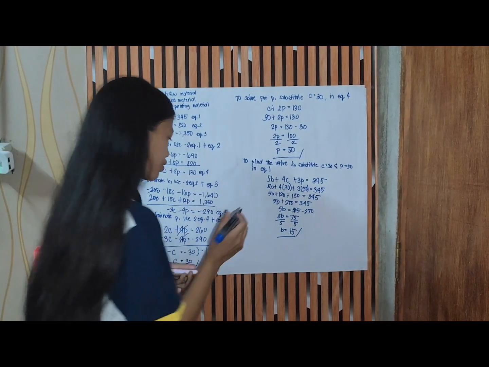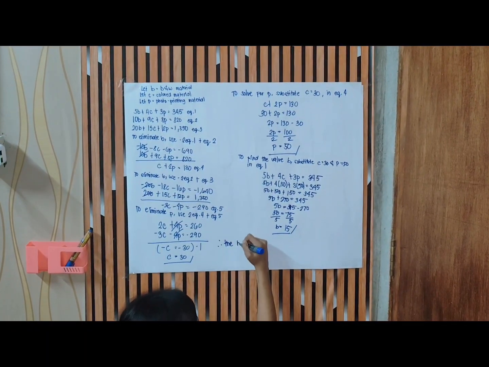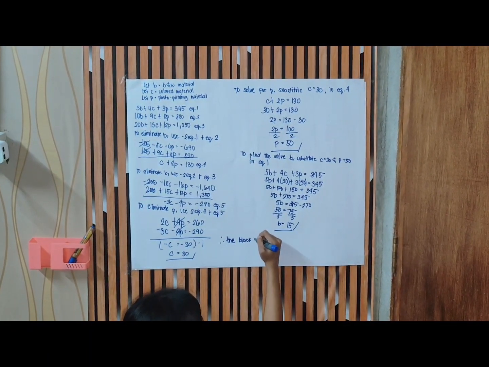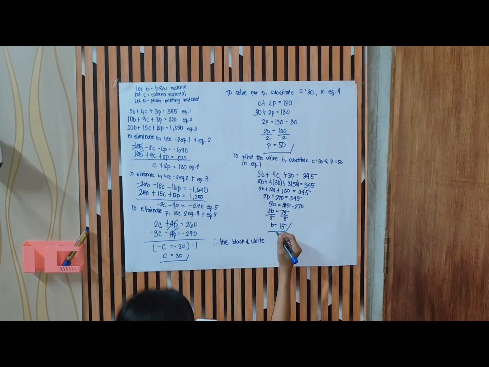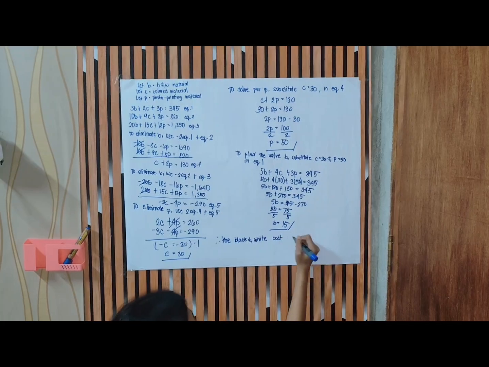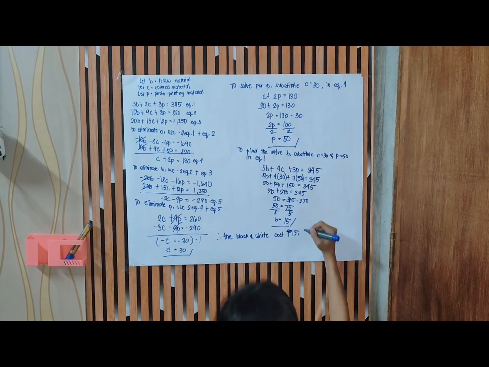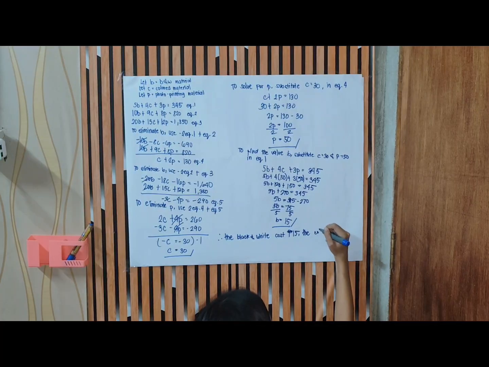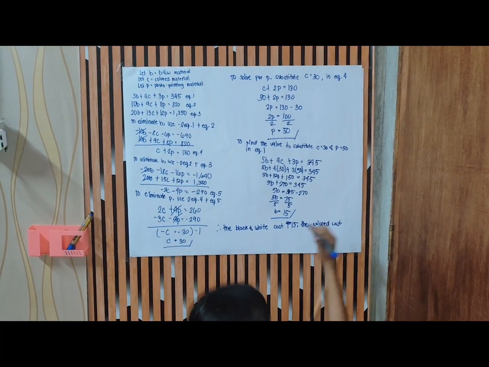Now for our conclusion, therefore, the black and white costs 15 pesos. The colored costs 30 pesos.